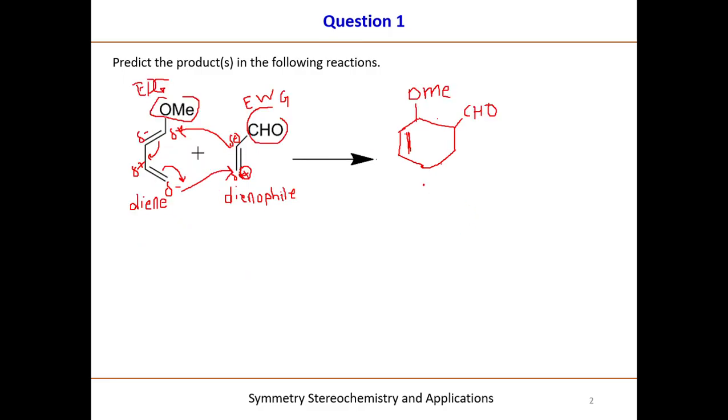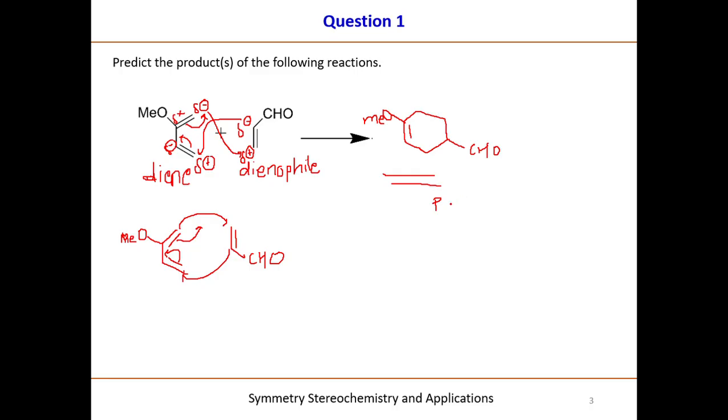So this was the 1,2 product. This one is the 1,2 product, and this one is the 1,4 product. Correct?